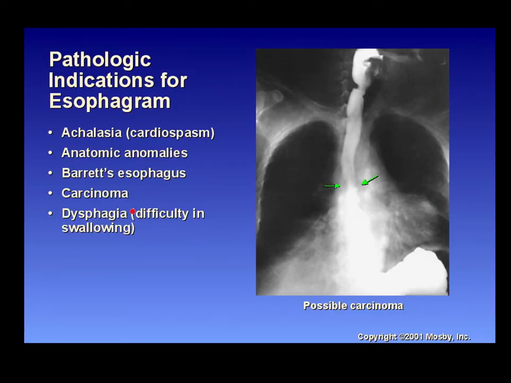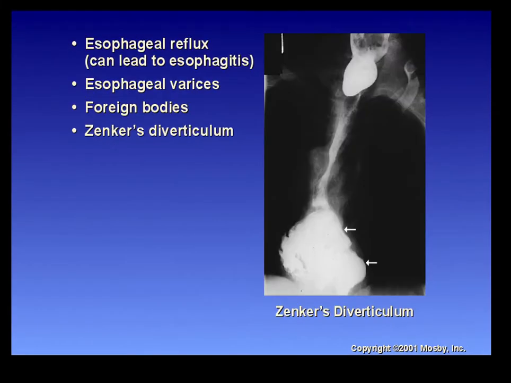Pathologic indications for an esophagram: achalasia or cardiospasm, anatomic anomalies, Barrett's esophagus, carcinoma, dysphagia, which is also difficulty in swallowing. So make sure that you kind of know all this stuff. You're familiar with it. So make sure that you go back and review pathology as you review everything else as well.